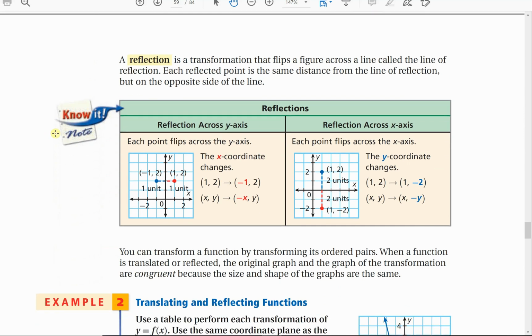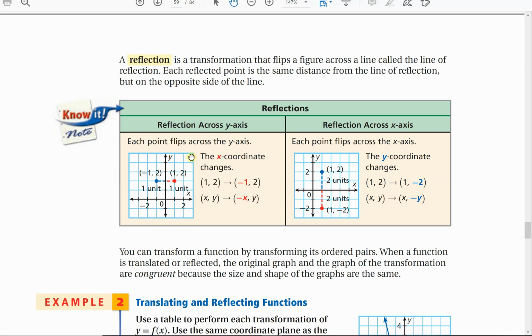And you can reflect over anything. You can reflect over a line, you can reflect over a point, but we're going to reflect over 2 very specific lines in most of the transformations we do, and those are going to be the axes. So moving from left to right, a horizontal reflection, you're reflecting over the y-axis.